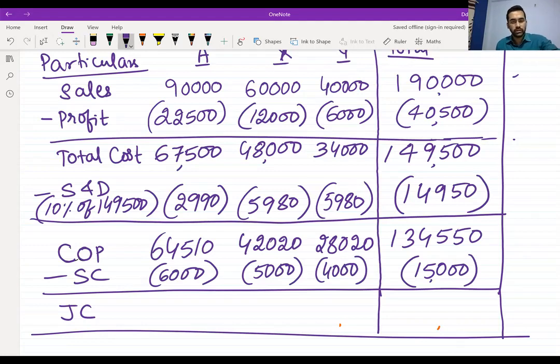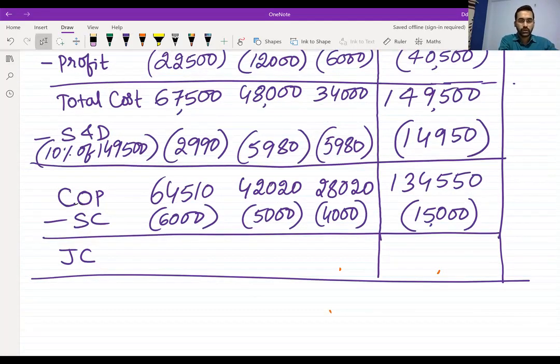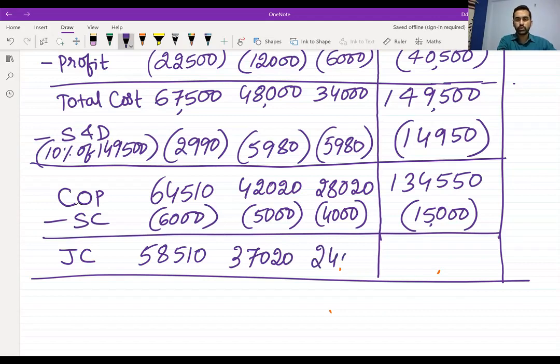Now from cost of production, if you take out separate cost, you will get joint cost. This should be 58,510. This should be 37,020. This should be 24,020. Final number 119,550.